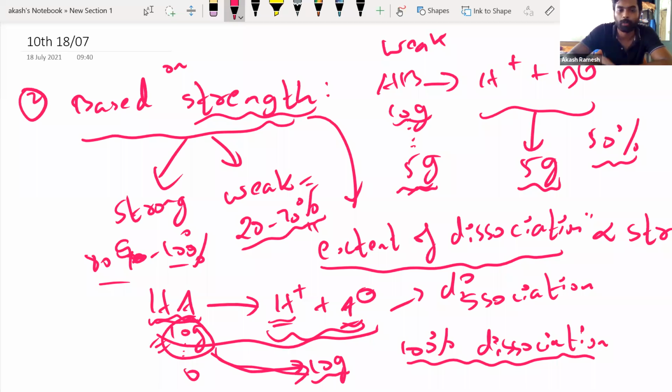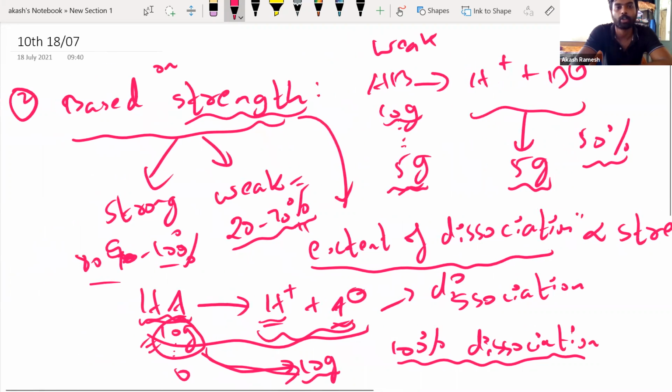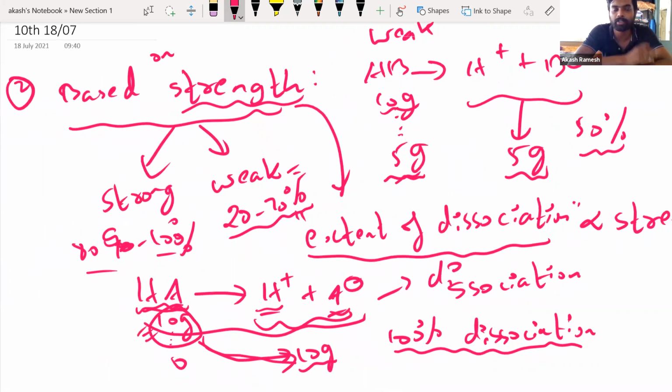I told you, the more the extent of dissociation, the more the strength of the acid. No issues till now, right? So we understood what strong acids and weak acids are, and how to determine whether something is a strong or weak acid, and that comes from this important phrase, extent of dissociation.